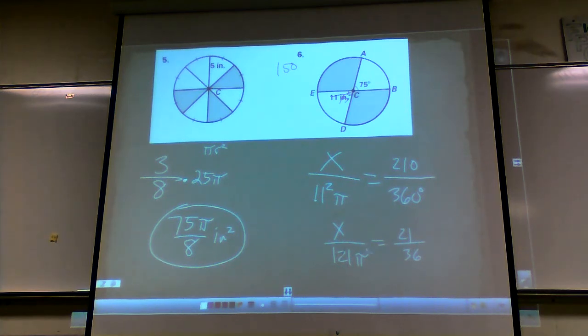So what's 121 times 21? 2541. Pi over 36. And that is squared.